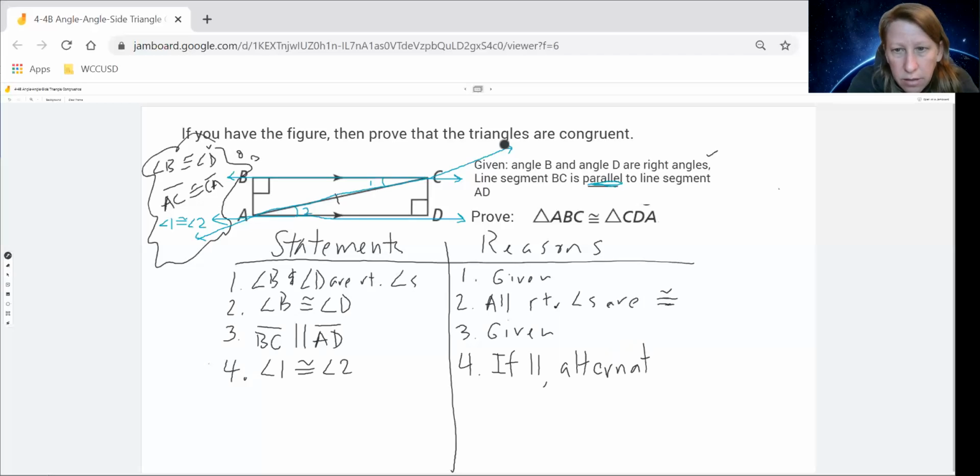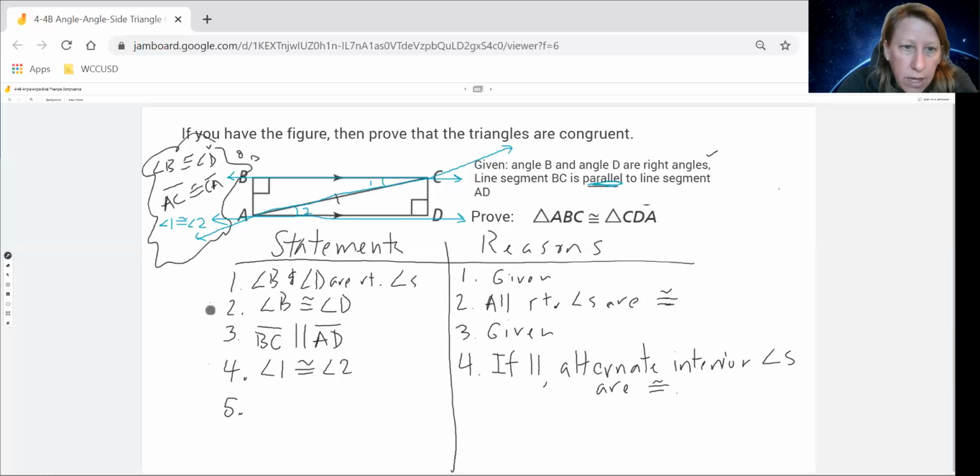Alternate interior angles are congruent. Cool. And if someone doesn't believe you, you can go back to that topic and show them in the book, hey, this is what alternate interior angles look like. You cannot argue with me, that is true.